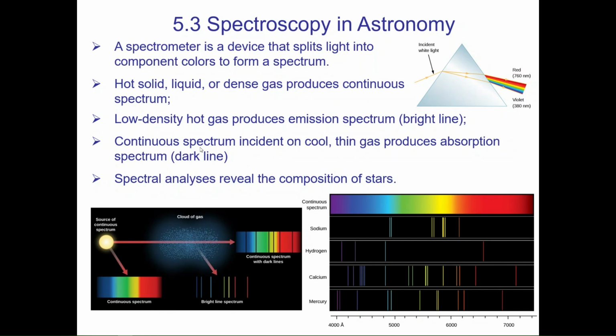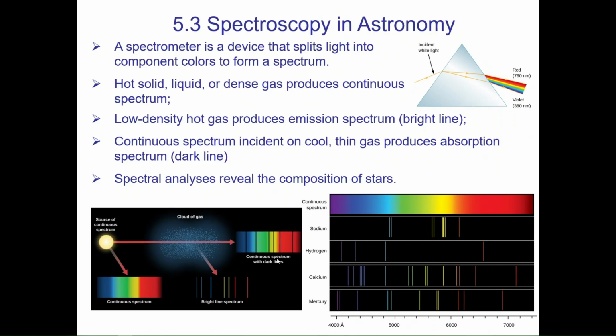And when a continuous spectrum goes through cool, thin gas, it actually produces an absorption spectrum. This cool, thin gas is able to absorb certain wavelengths to make this absorption spectrum.